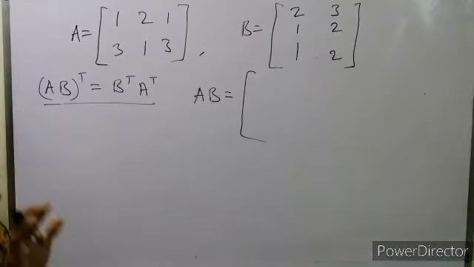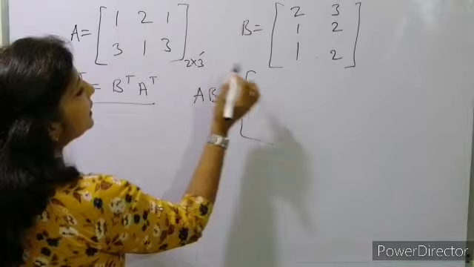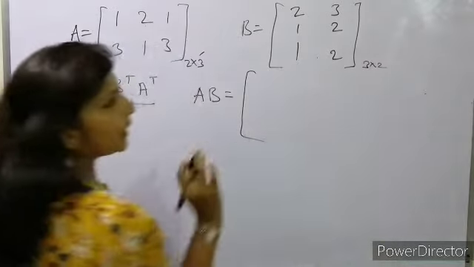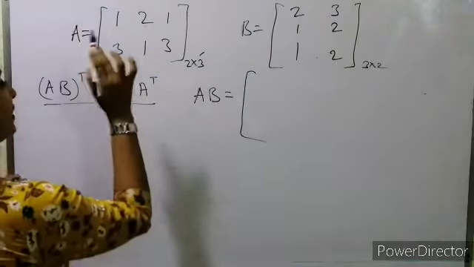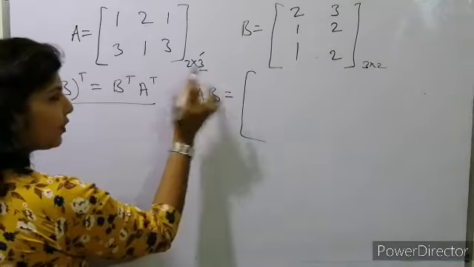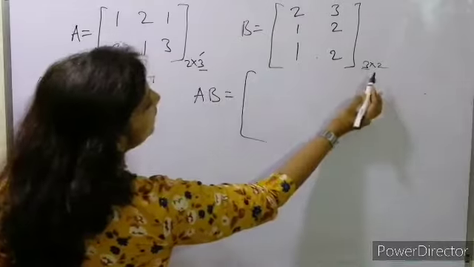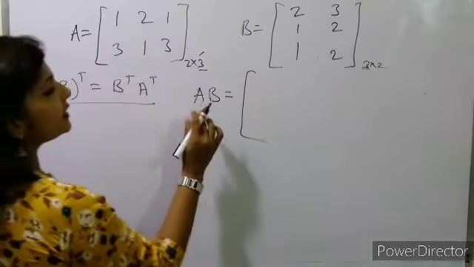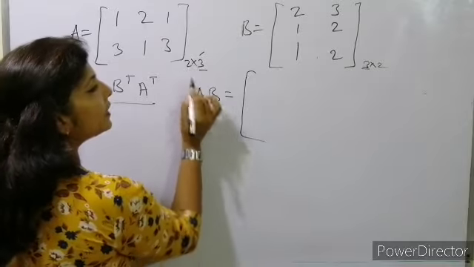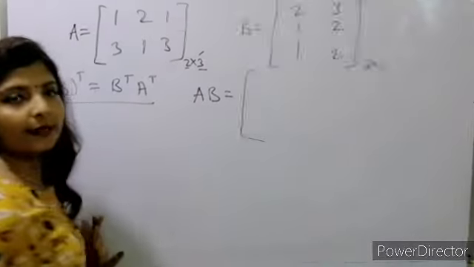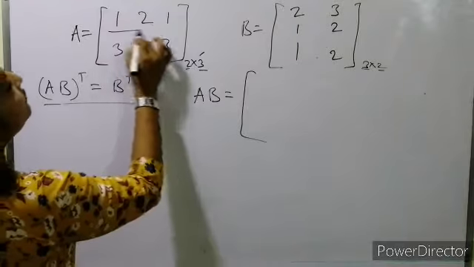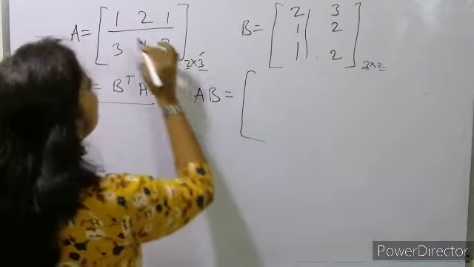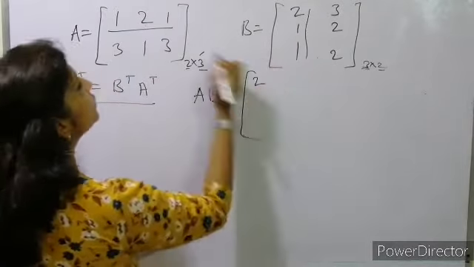So this is a 2 by 3 matrix and this is a 3 cross 2 matrix. The number of columns of A is 3 and the number of rows of B is 3, so we can find AB, and the order of the resultant AB will be 2 cross 2. First row, first column: 1 into 2 is 2, 2 into 1 is 2, 1 into 1 is 1.